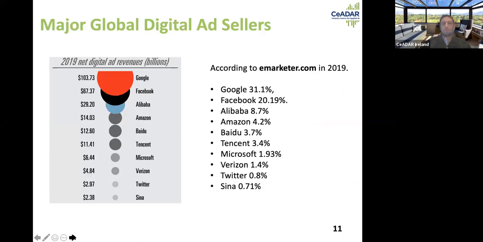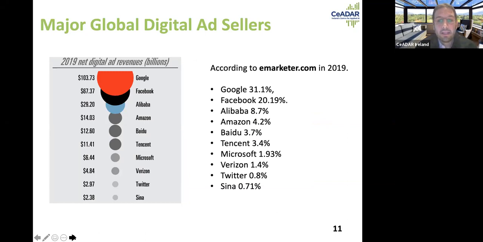So Google is number one. It has 31% of the whole market, and imagine that half of the advertising is made online, and from that half, Google takes 31% and Facebook 20%. So only two companies make more than 50%. That is amazing.